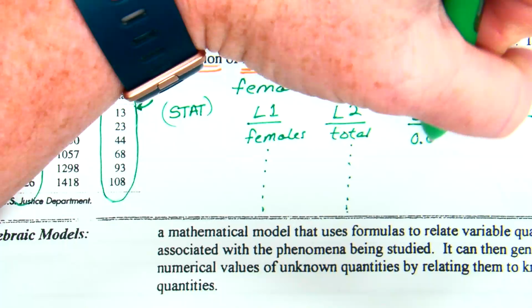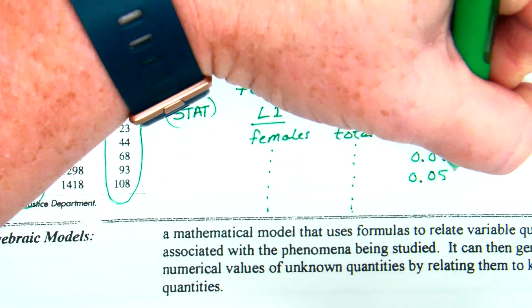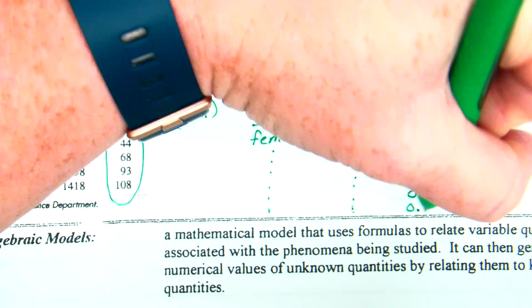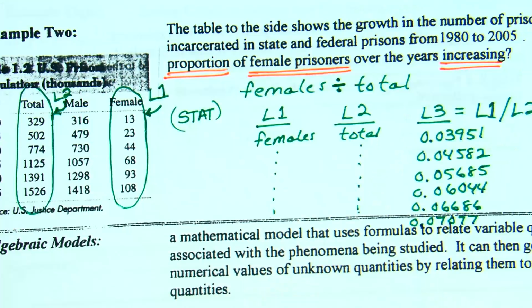0.03951, 0.04582, 0.05685, 0.06044, 0.06686, 0.07077. Okay.